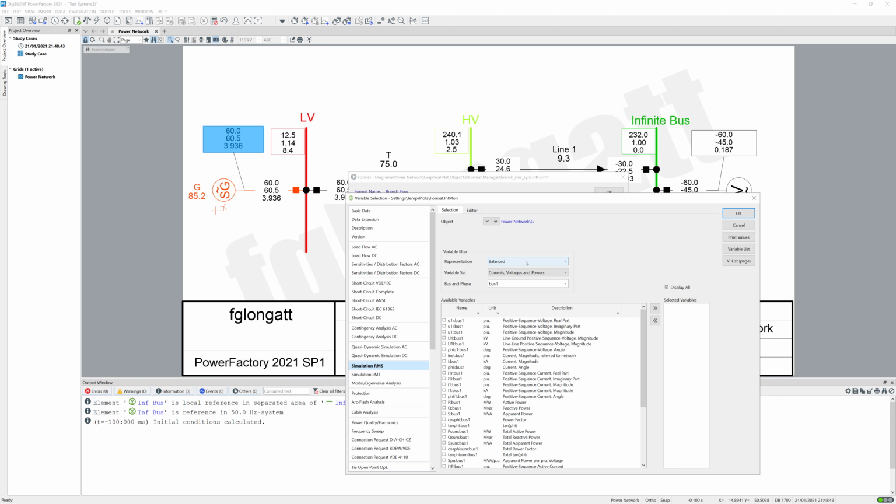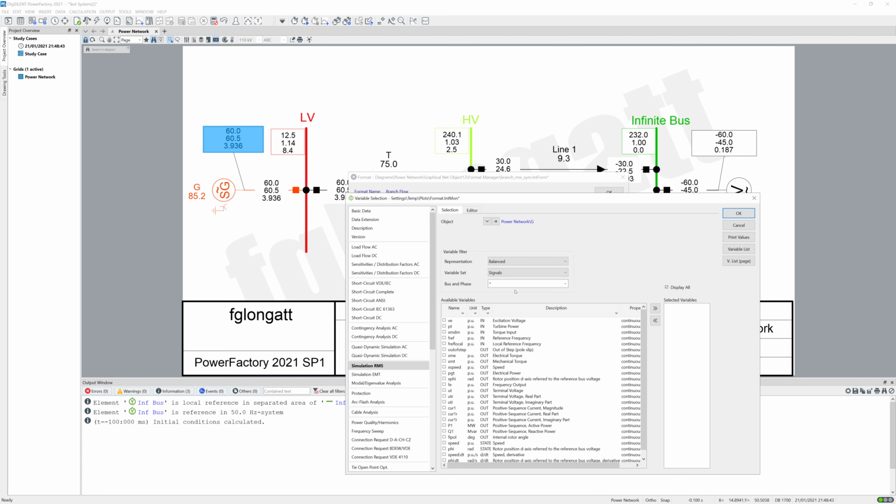Okay, let's select here signals. Right now you can see that there are several signals, and there is a column indicating type.